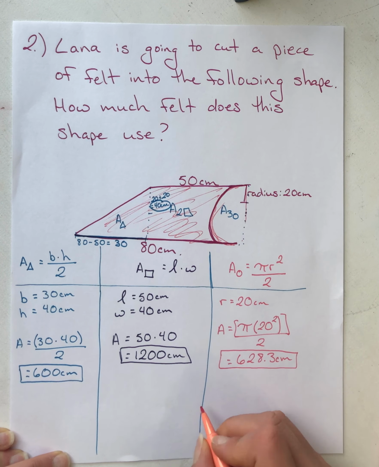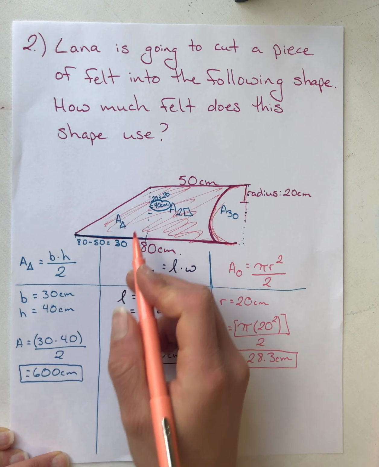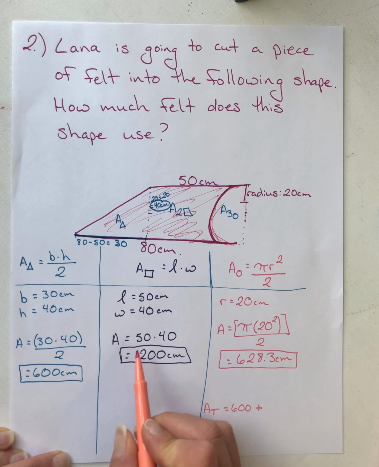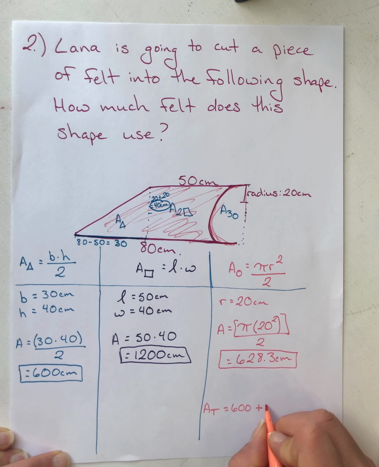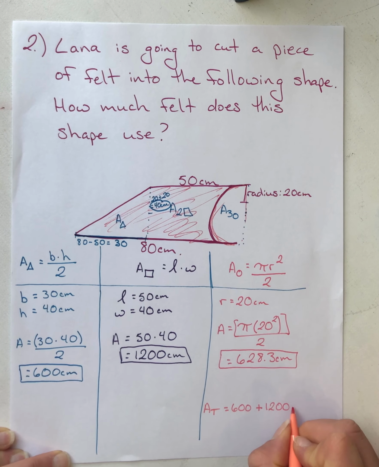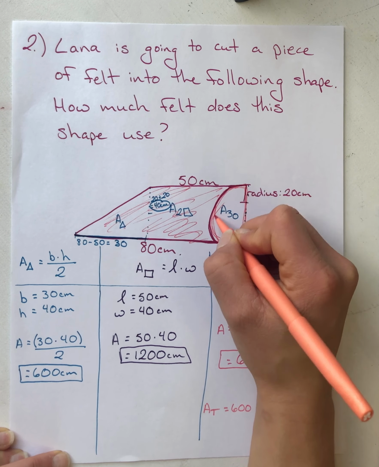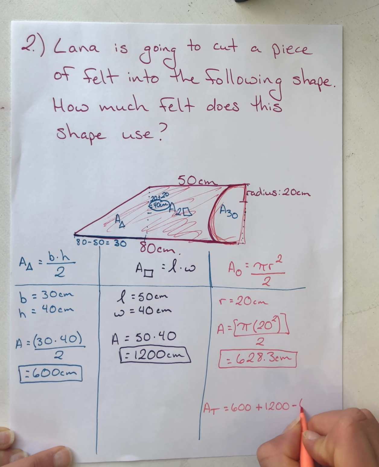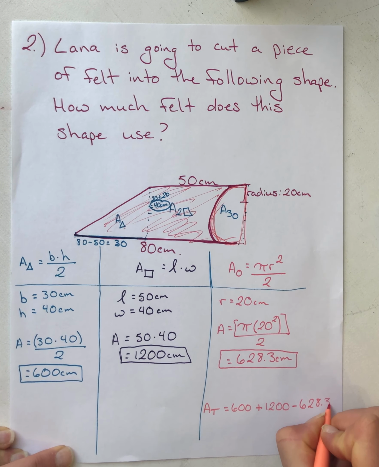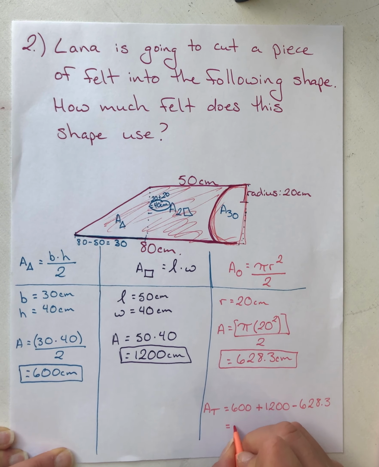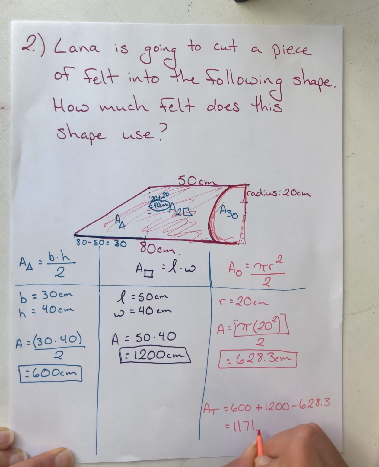So the total area is going to equal 600, so this area, plus this area, and then I'm going to minus, because we found this area, 628.3, which is going to give me a total area of 1171.7 centimeters squared.